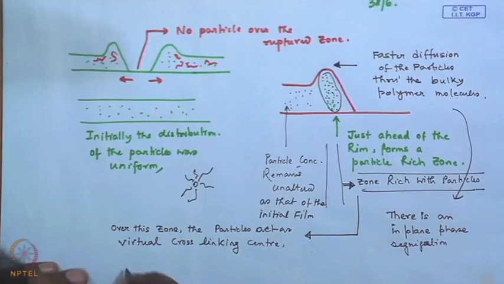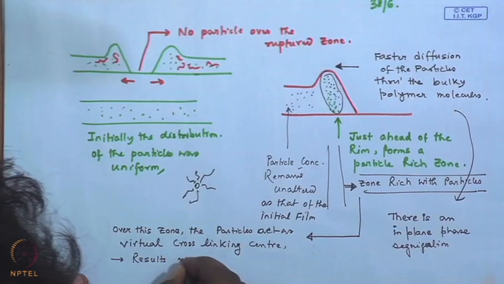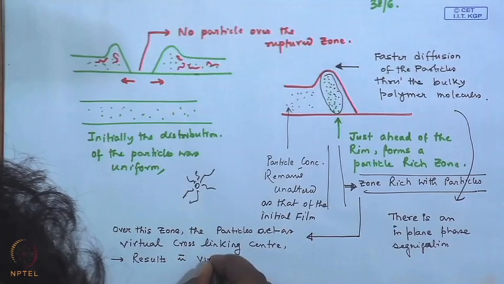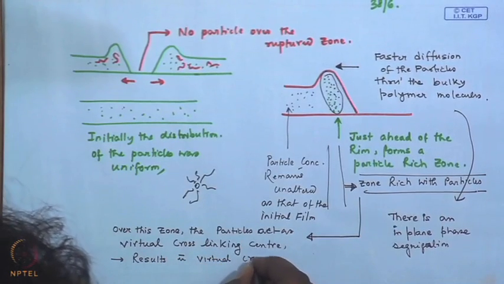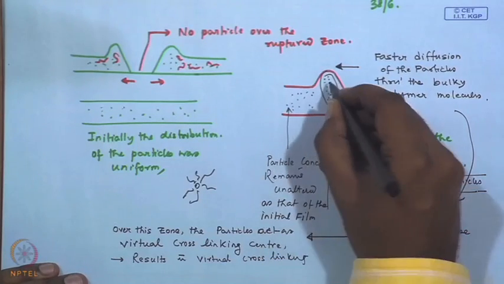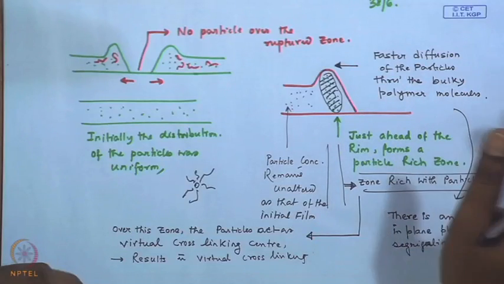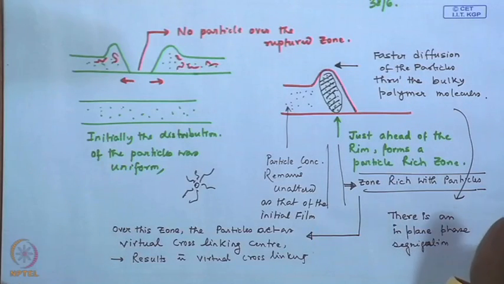So, this results in some sort of a virtual cross-linking. And this zone therefore becomes almost elastic and therefore hinders the growth of the holes.